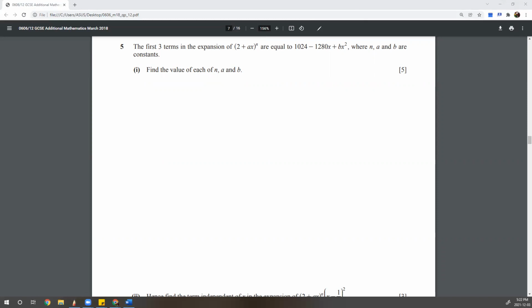Binomial expansion, the first 3 terms, only first 3 terms, okay? Where n, a, b are constants, we find a and b.